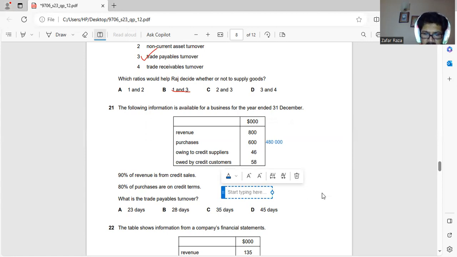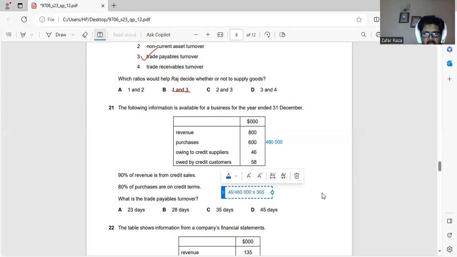Now, how to calculate the payable turnover? Owed to credit suppliers 46,000 divided by 480,000 multiplied by 365 is the formula. Am I making a mistake in the formula?